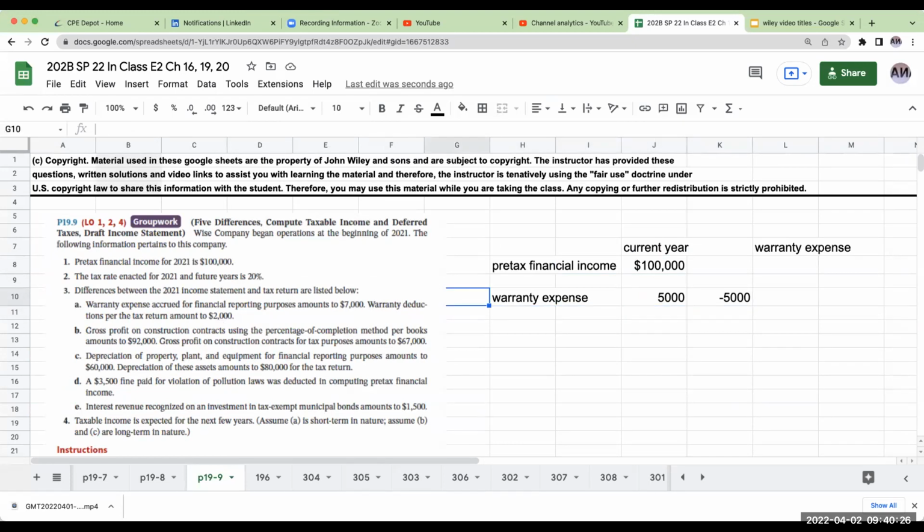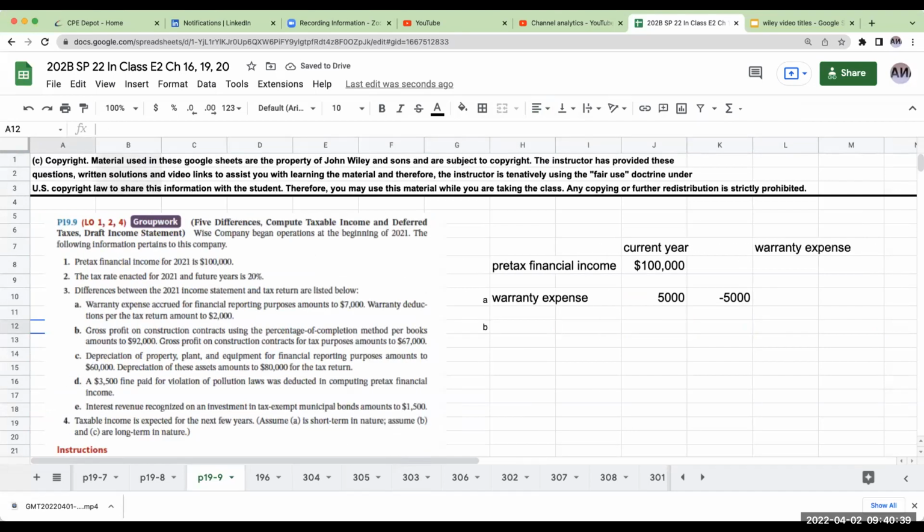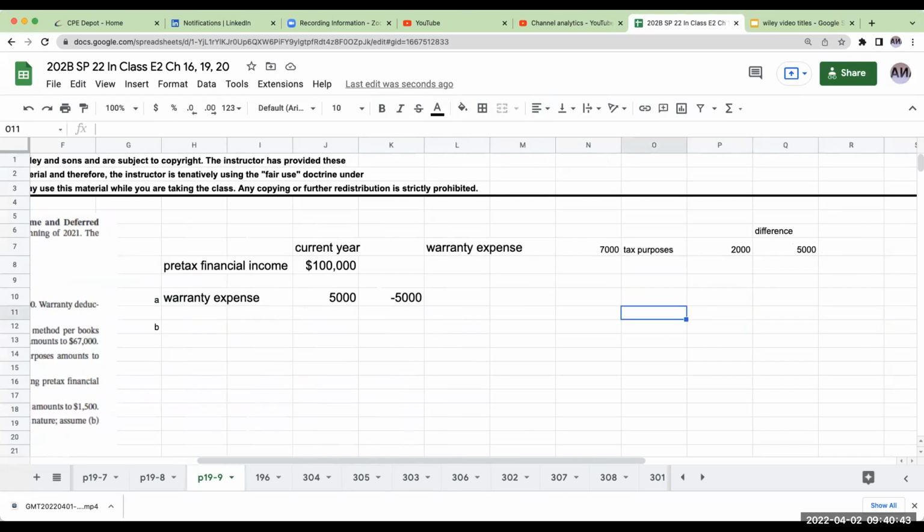Let's take a look at letter B. For letter B, gross profit on construction contracts using the percentage of completion method per books was 92,000.